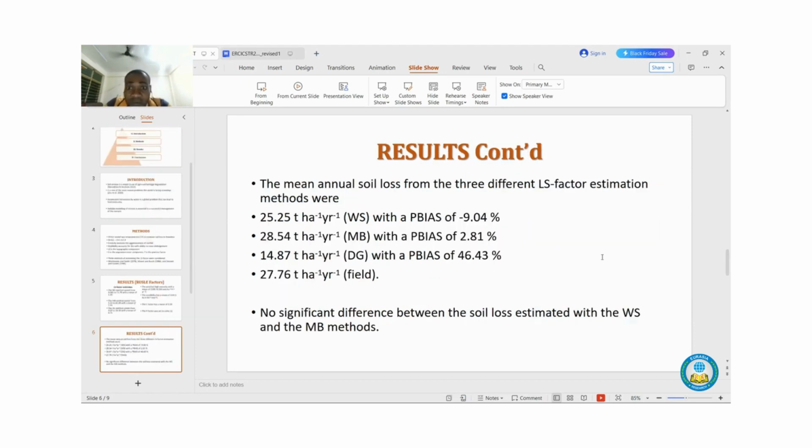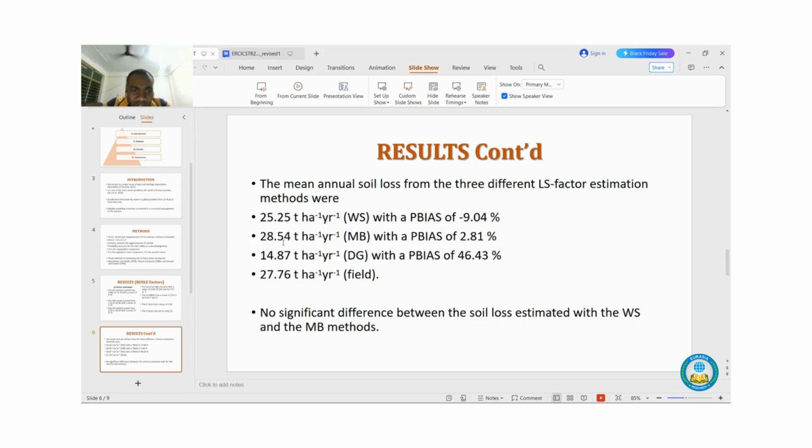The mean annual soil loss from the three different LS estimation methods: using the Wischmeier and Smith method, it was 25.25 tons per hectare per year, which had a percentage bias of minus 9.04%.